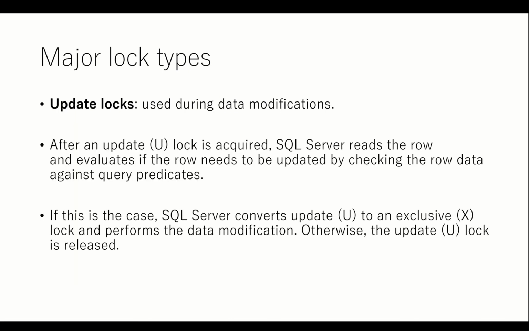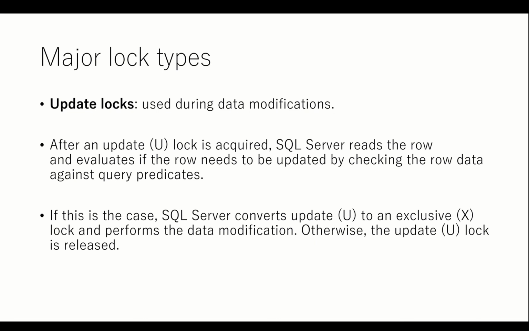The last lock type is the update lock. An update lock is used during data modifications. For example, you are running an update statement for a few rows in the table. In this case, SQL Server first acquires an update lock and checks whether these rows can be changed or updated.